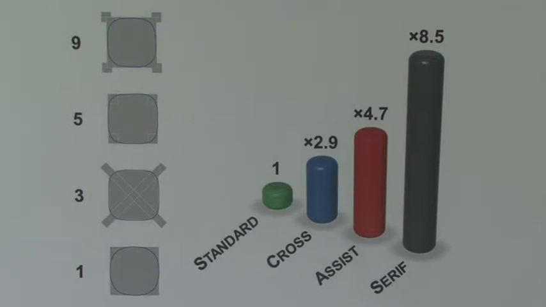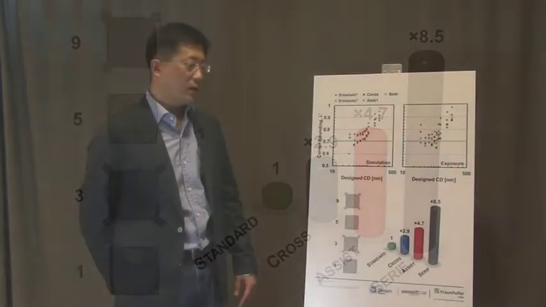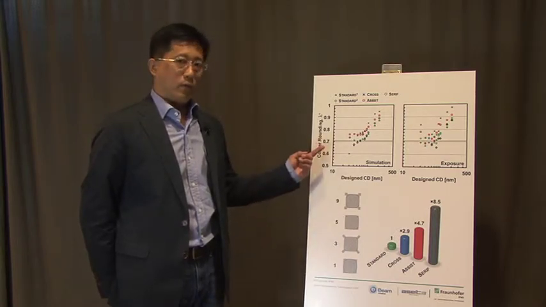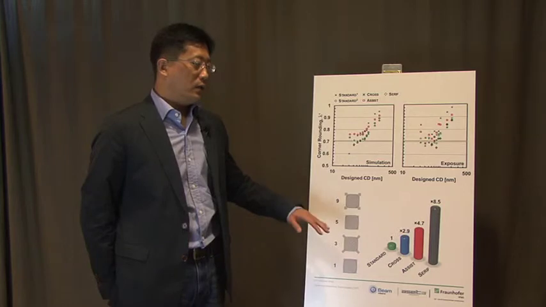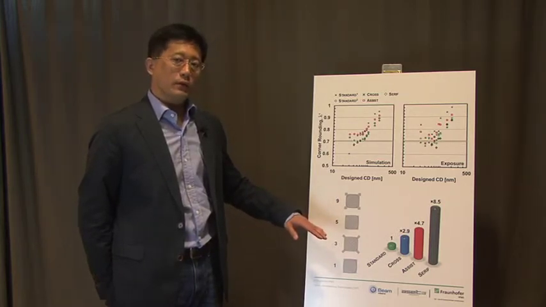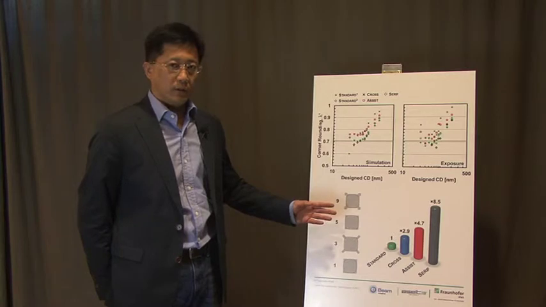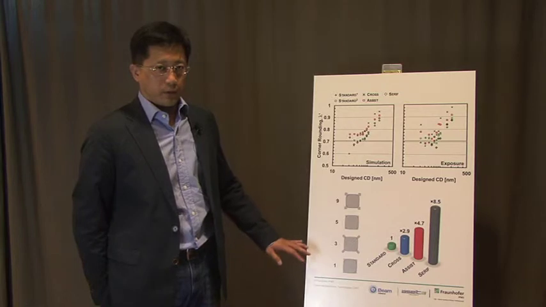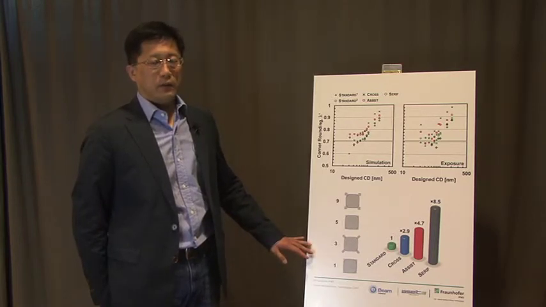Normalized to the shot count of the standard correction, the cross, assist and serif corrections increase their shot counts, which means they increase the writing time. But the cross correction also shows better performance than the rest of the three, and it can also suppress the increase of the shot counts, the increase of the writing time.